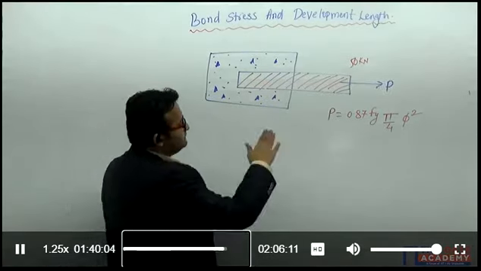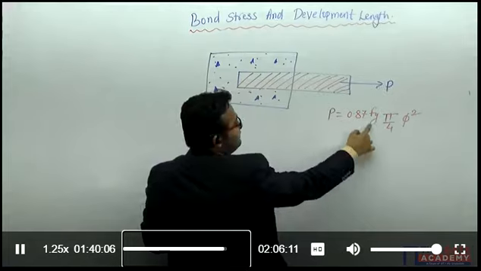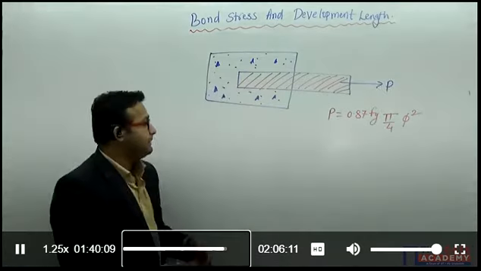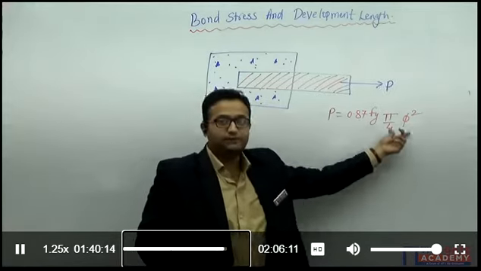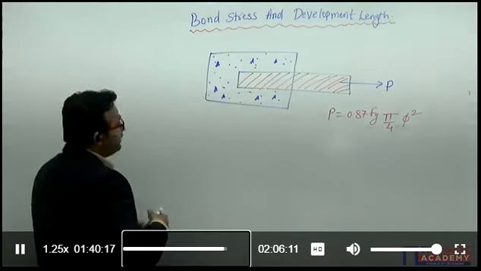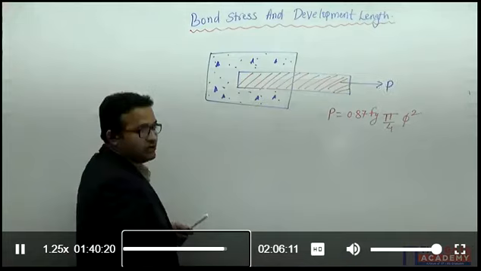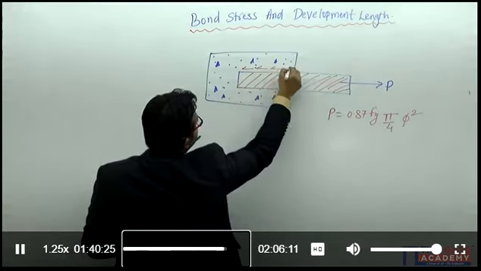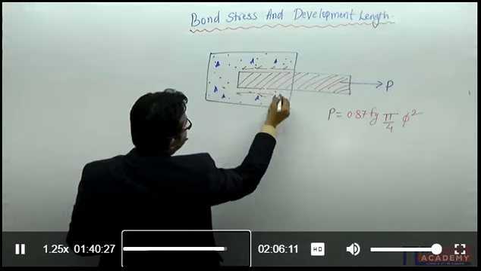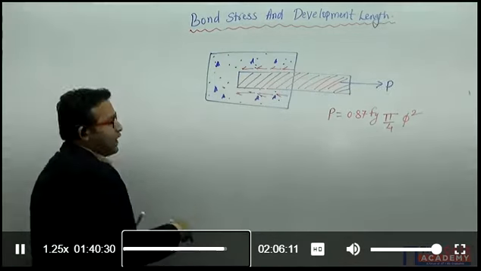Right? So suppose I am pulling with the force P equal to 0.87 Fy pi by 4 phi square. This P equal to stress into area. The stress is 0.87 Fy and the area is pi by 4 phi square. So due to the bond strength of concrete, forces are acting in the opposite direction. The bond stress permissible, I know, that is tau BD developed.